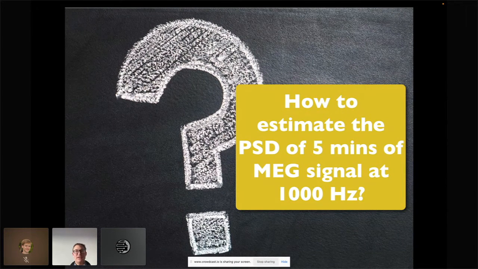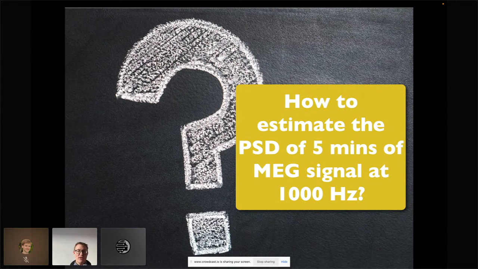The truth is that nobody does this in practice. The reason is that estimating the power using just the Fourier transform on the entire signal will give you a very noisy estimate of the power.